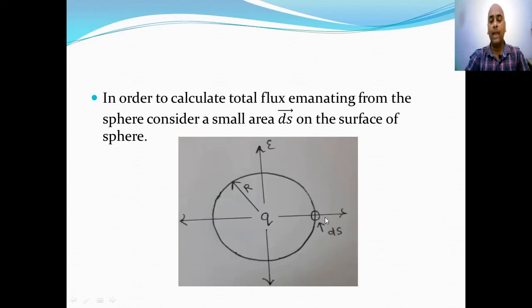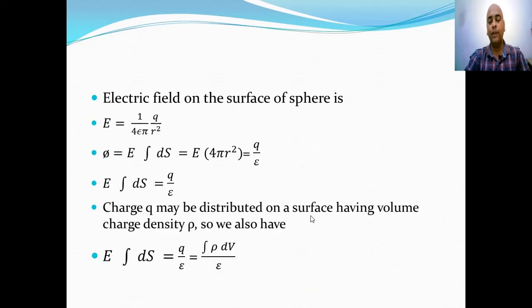Now the electrical field at ds can be evaluated as follows: there is a charge q, and we have to find the electrical field at distance r from this charge. So electrical field on the sphere is 1 upon 4 pi epsilon naught q by r square.